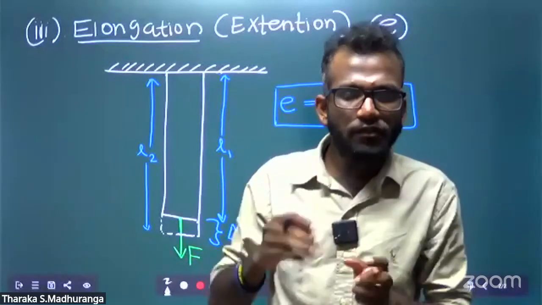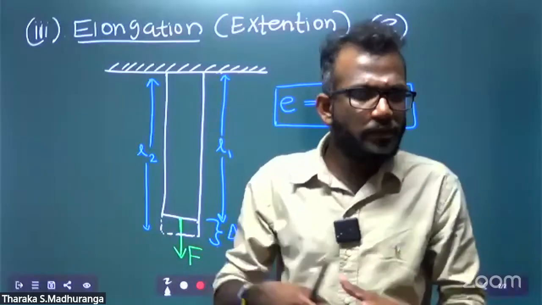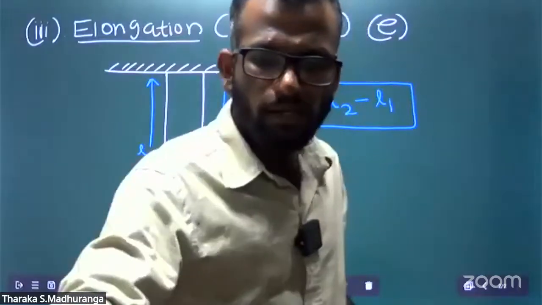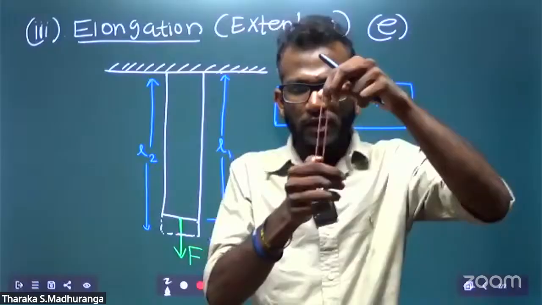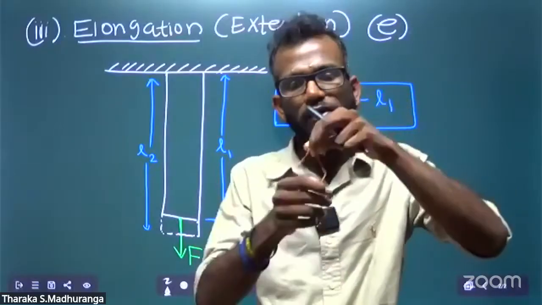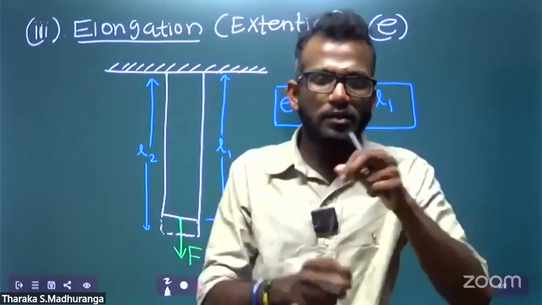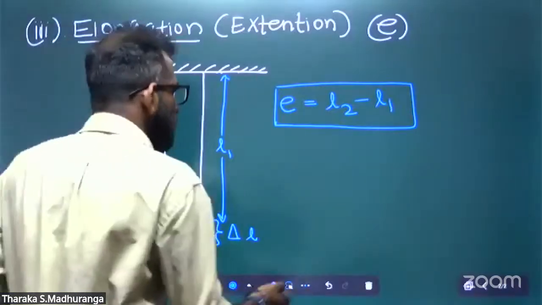Now the elongation means when we apply external force on any object, the amount of length increasing. When we apply external force, the length increasing amount is the final length minus initial length.